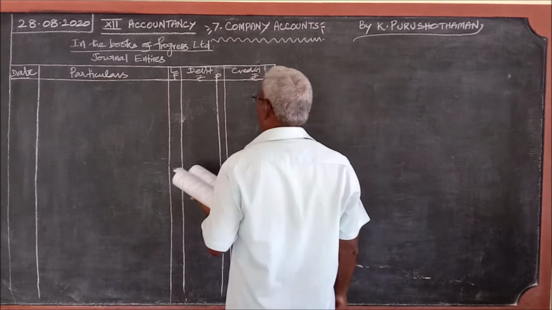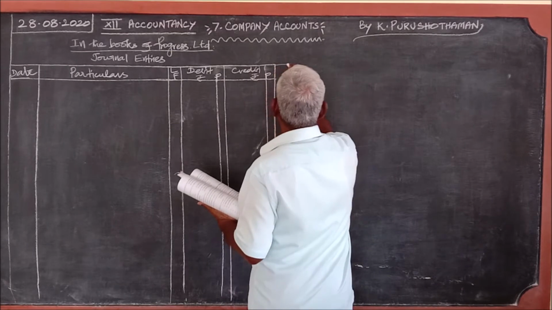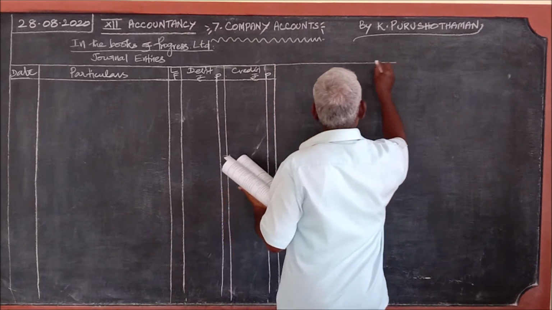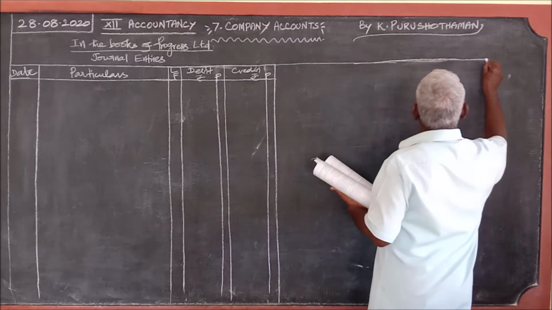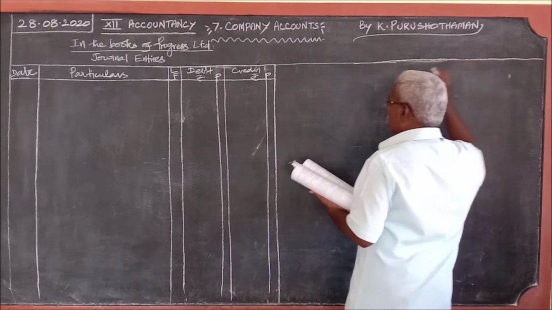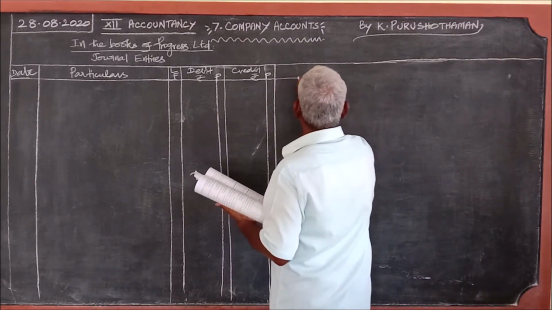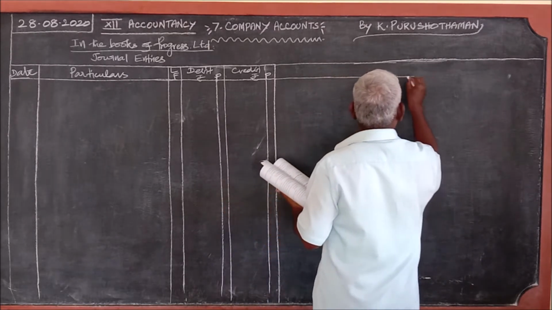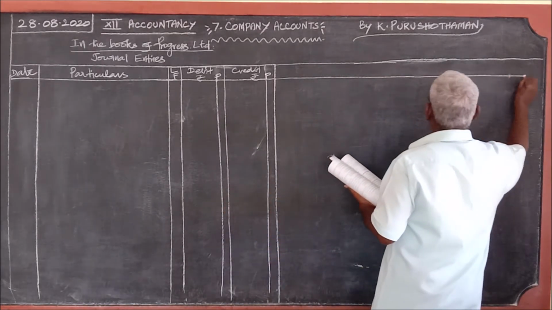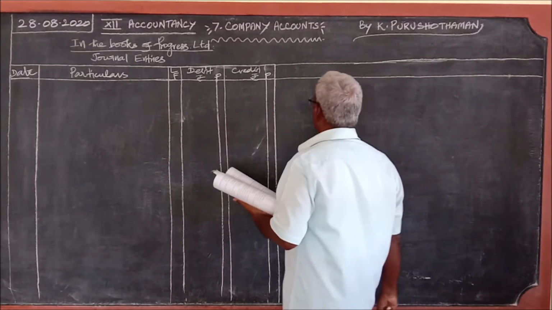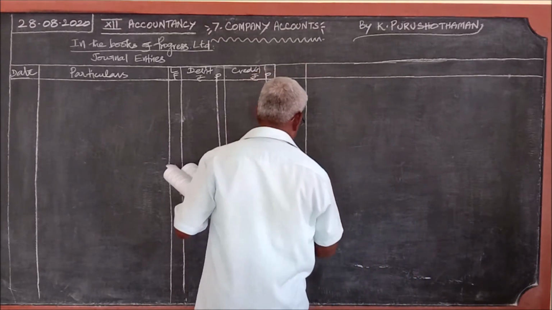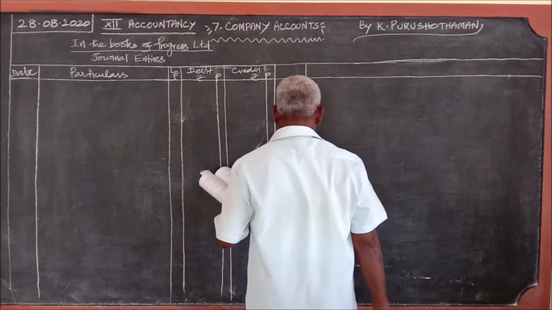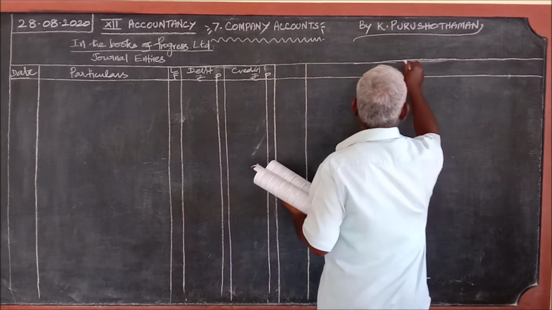For the sake of our convenience, opposite to it, I open another column for the same type of journal entries. Since it is the continuation, I just draw the columns.